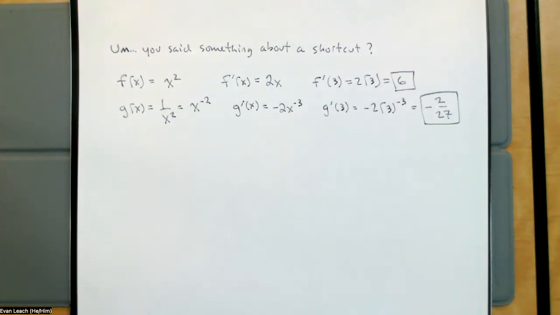There's a shortcut for taking the derivative of a particular kind of function, a polynomial or a rational function, specifically a power function. I forgot the word for a second there. Yes, I have secret calculus knowledge.